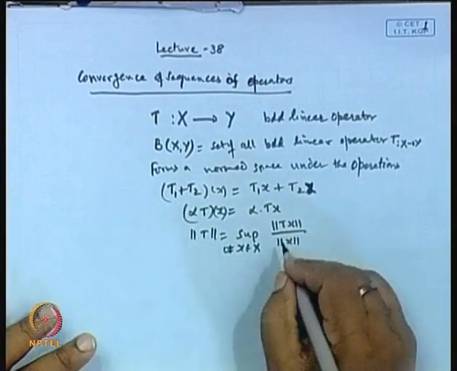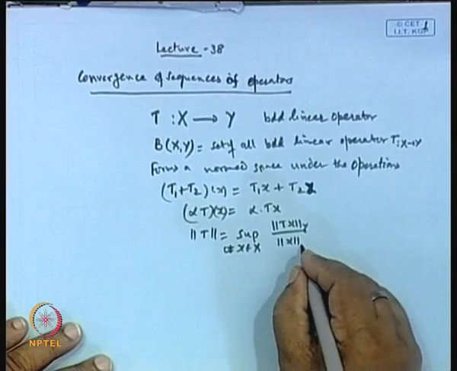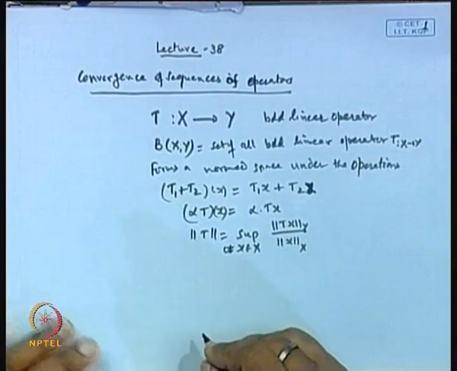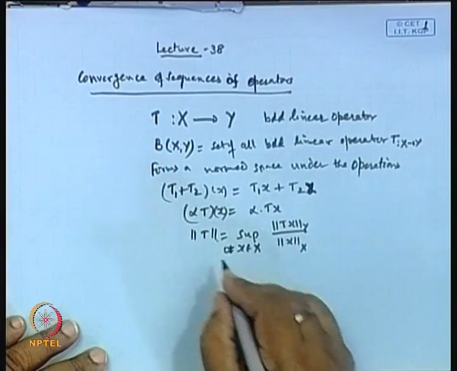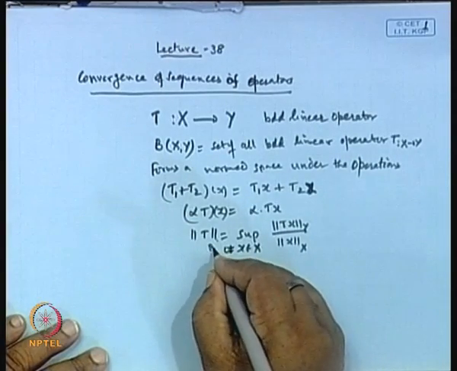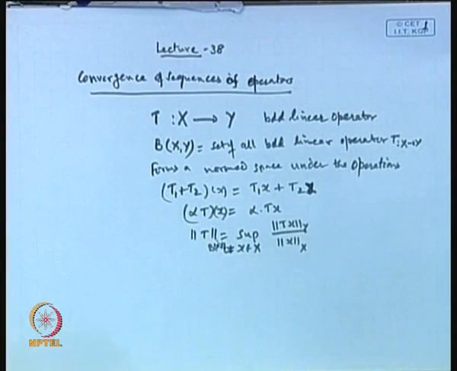Here the numerator is the norm of Y, the denominator is the norm of X, and the result is the norm on B(X, Y). This is what we have.